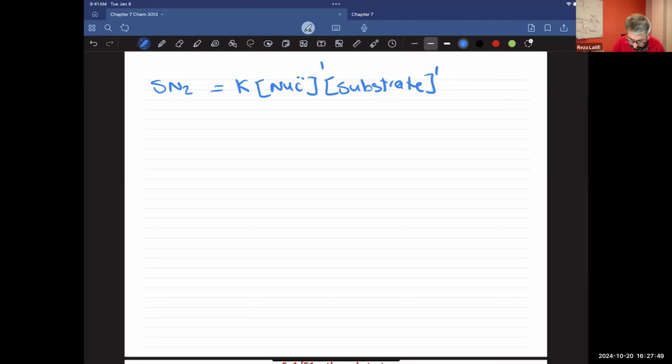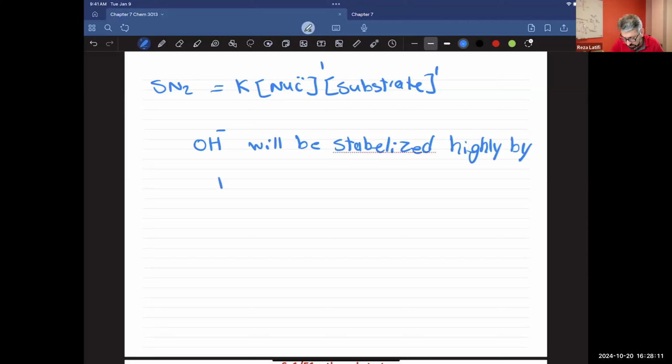Now, if your nucleophile is, for example, something like OH, that OH will be highly stabilized by a protic solvent like, say, water.